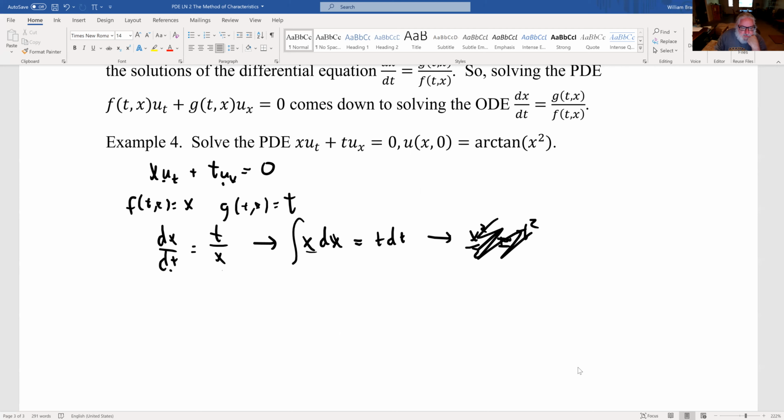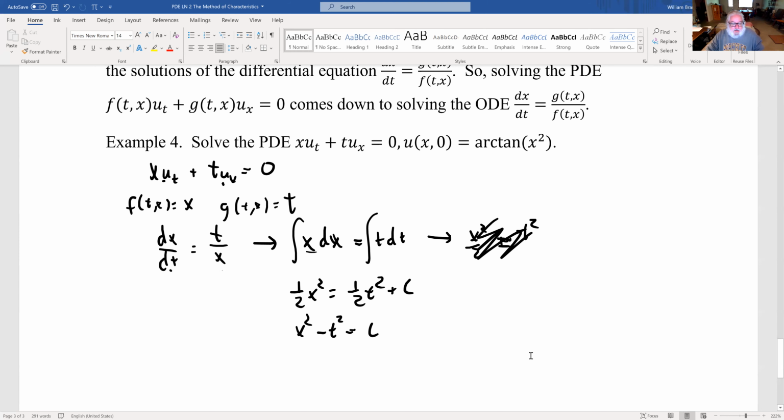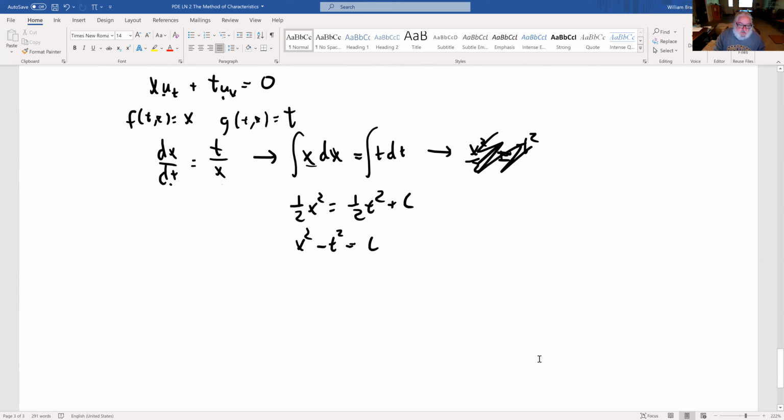And then we can integrate both these sides. And once we integrate that, we get 1/2 x squared equals 1/2 t squared plus c, or x squared minus t squared equals some constant, right? And this is the very first example that we looked at. I guess technically 2c.